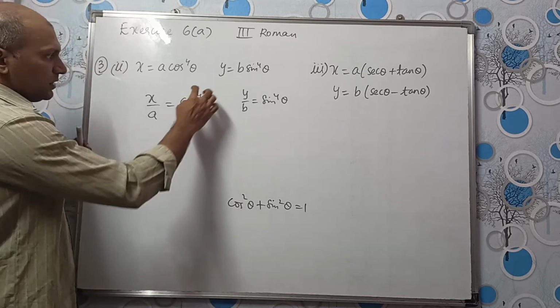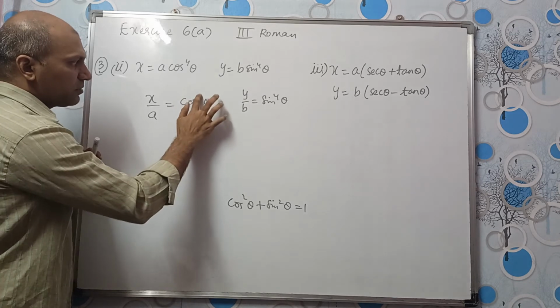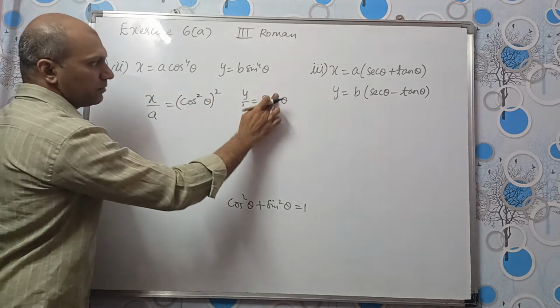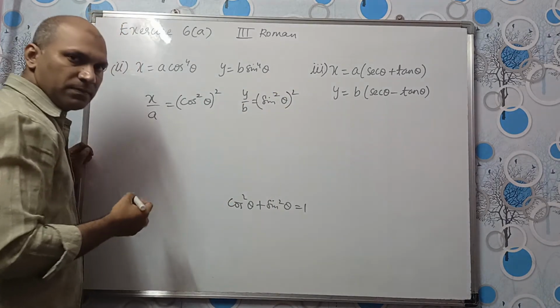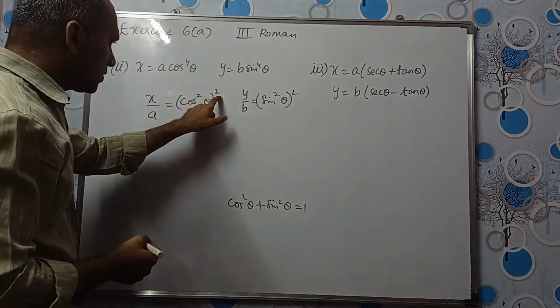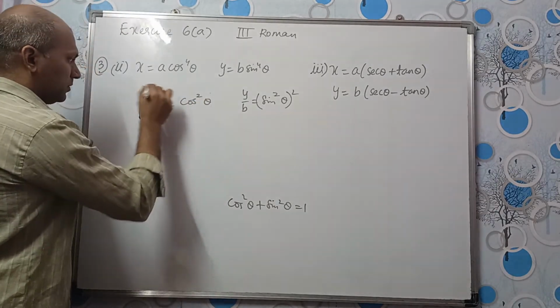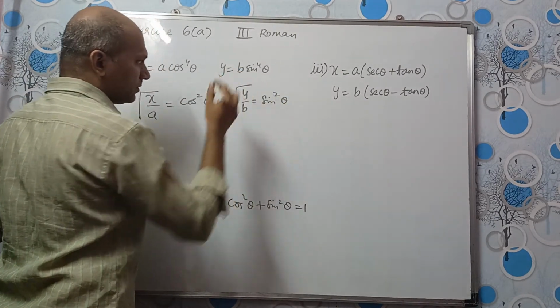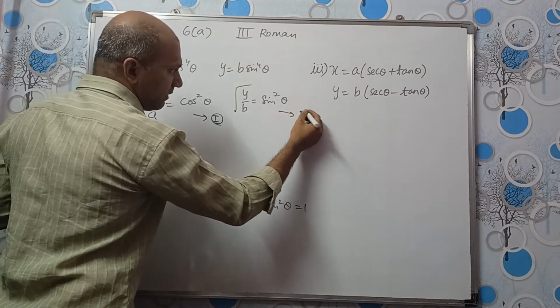So, can we write this power 4 as the square of this whole square? cos^2 squared, sin^2 squared? Yes. Now this square goes on the other side and becomes root. And this square goes on the other side and becomes root. So we have equation 1 and equation 2.